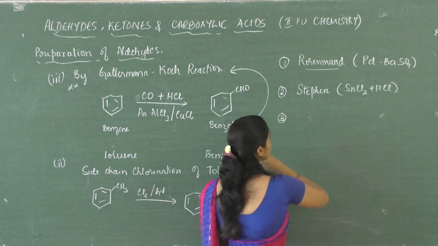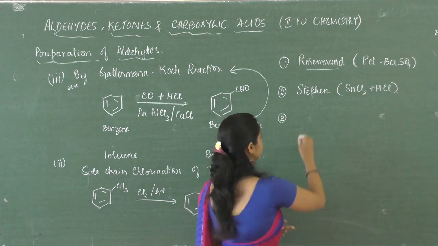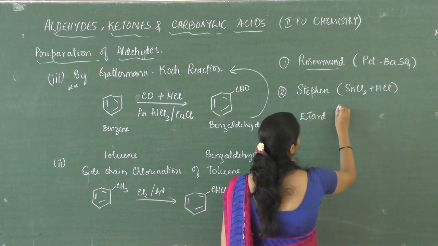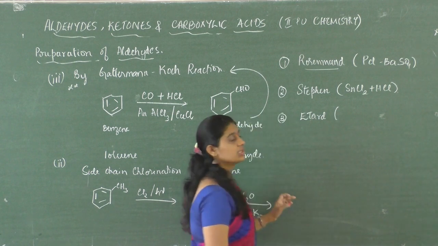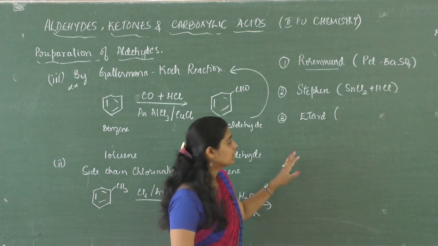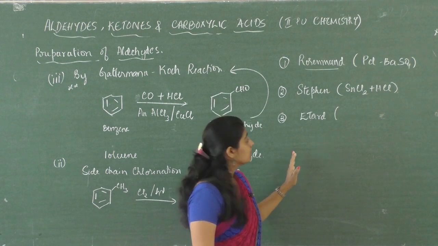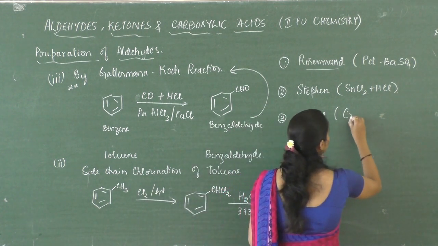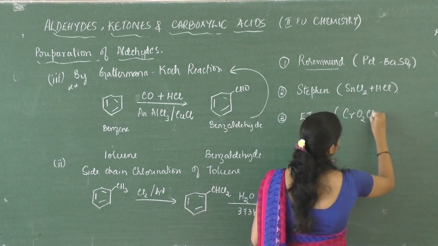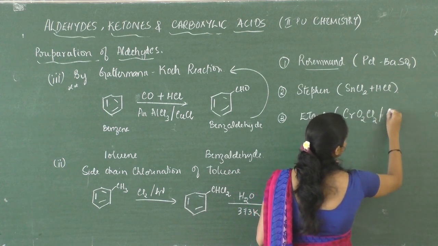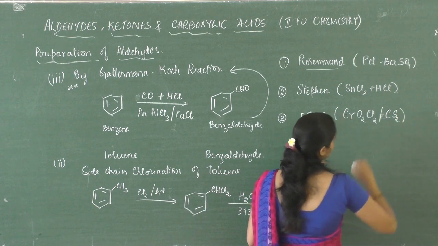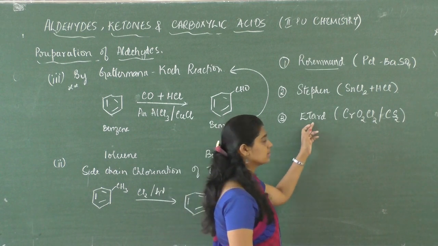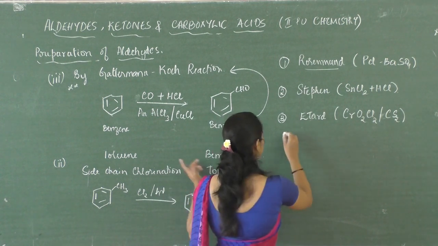And the next named reaction we have studied is the Etard reaction. In the Etard reaction, toluene is converted to benzaldehyde by using a reagent called chromyl chloride in the presence of carbon disulfide, and the reaction is termed the Etard reaction.